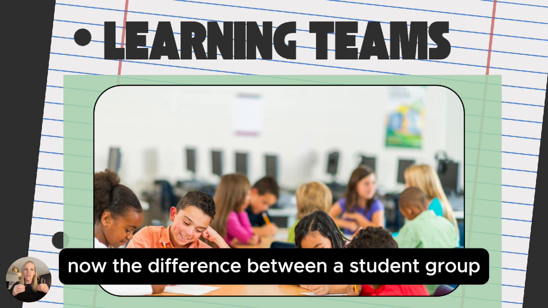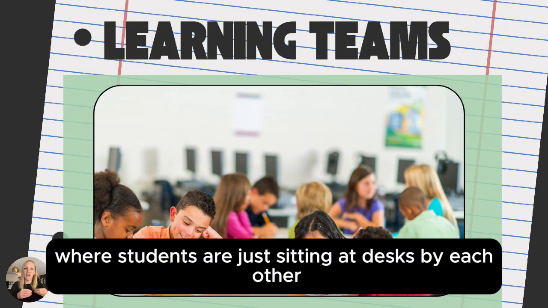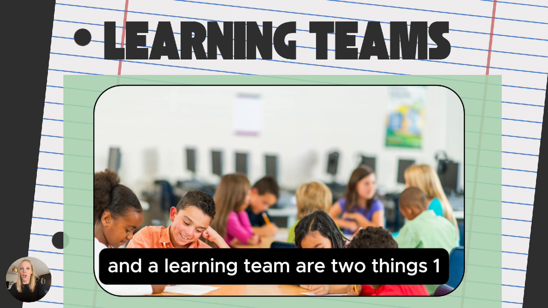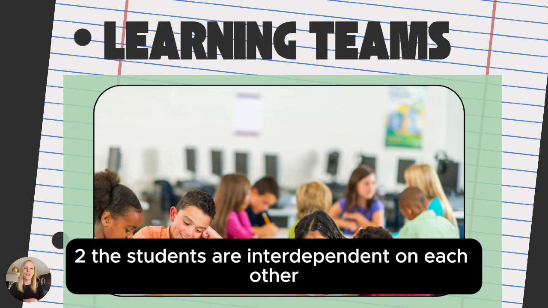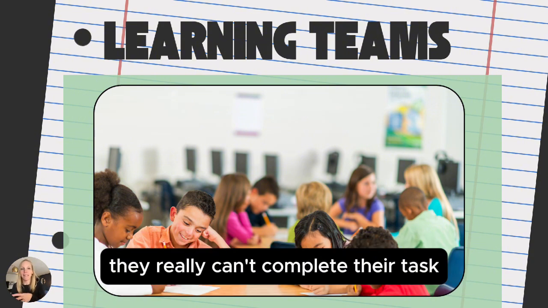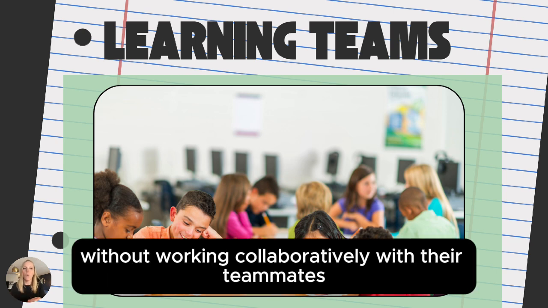Now, the difference between a student group where students are just sitting at desks by each other and a learning team are two things. One, there's a clear shared goal and shared task. Two, the students are interdependent on each other. They really can't complete their task without working collaboratively with their teammates.